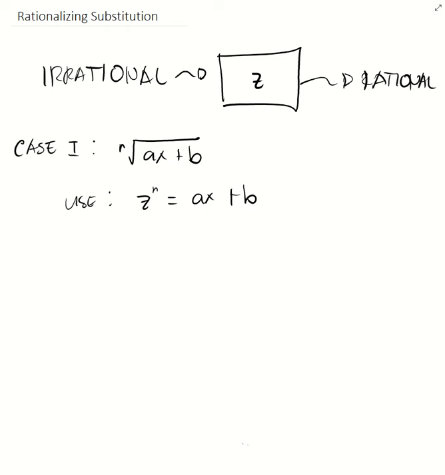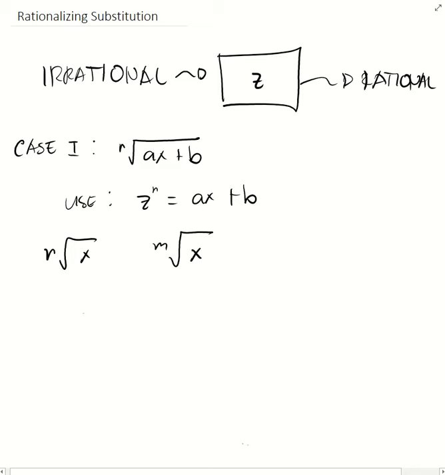If it contains more than one radical, for example the nth root of x, then the mth root of x, and so on, then what should be our substitution?